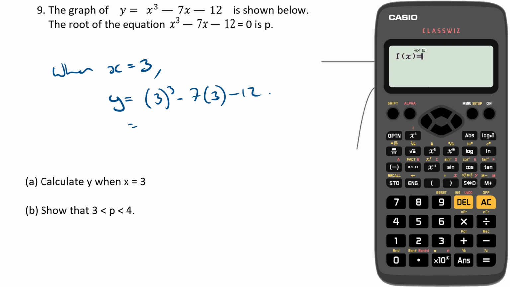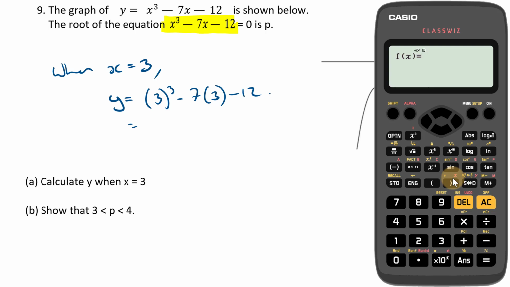So this means what is my function of x, and I need to type it in. Now I've got a function of x here, x cubed minus 7x minus 12, and I'm going to type that into the calculator. Now you'll see that there's a little red X above the right bracket on this calculator.